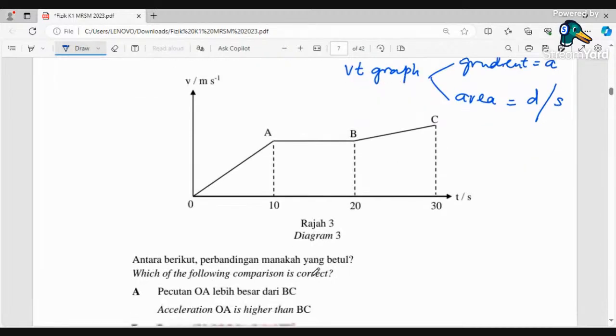So we just look at the first one, which is talking about acceleration. You can look at the slope for OA and BC. Which one is steeper? You can see OA is steeper. So acceleration for OA is higher than BC, which is correct here.